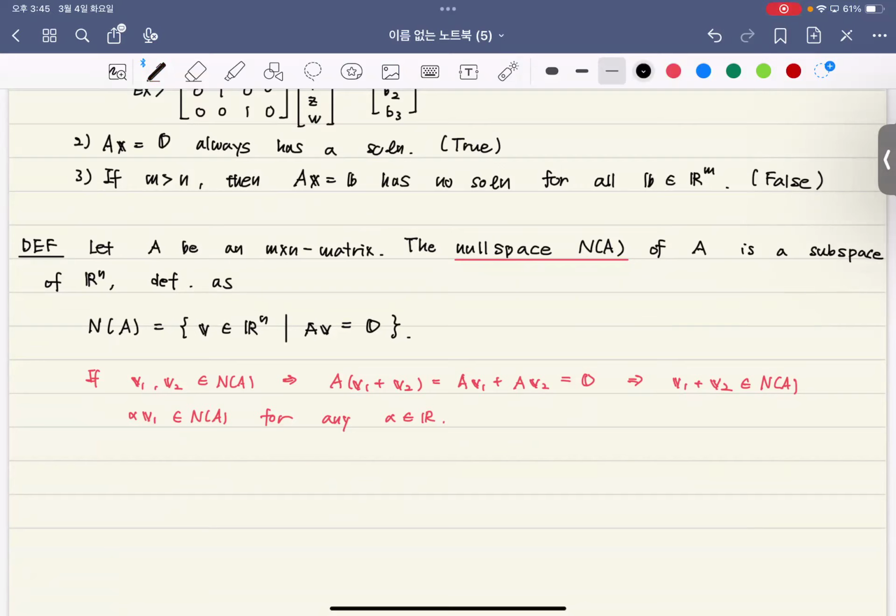Now, why do we care about the column space and null space? Because we want to find the solution of a system of linear equations.